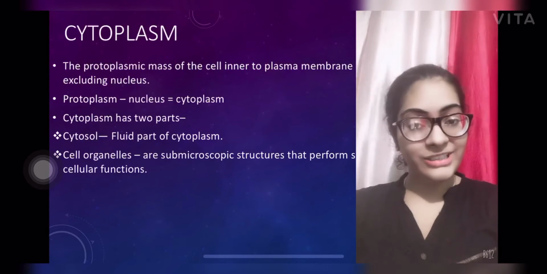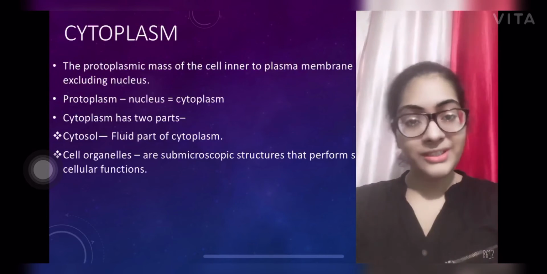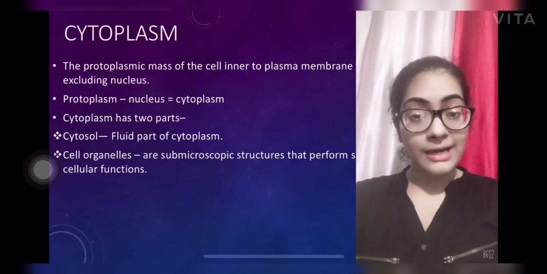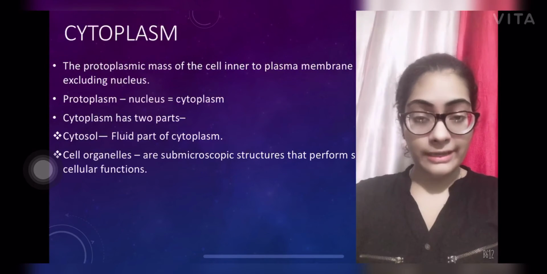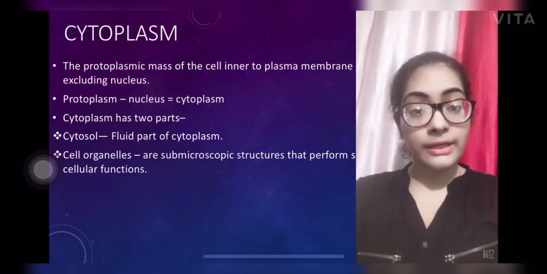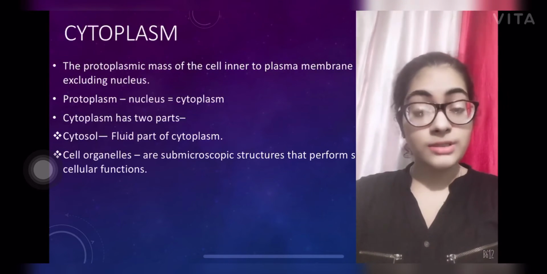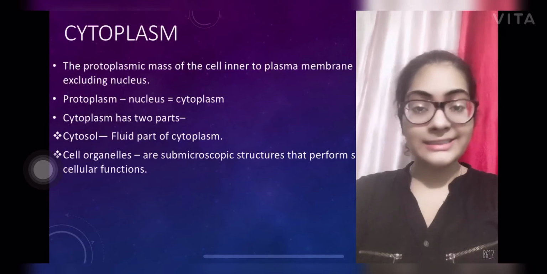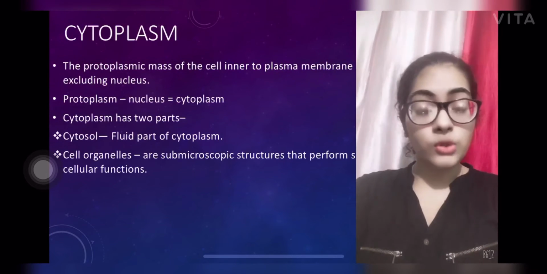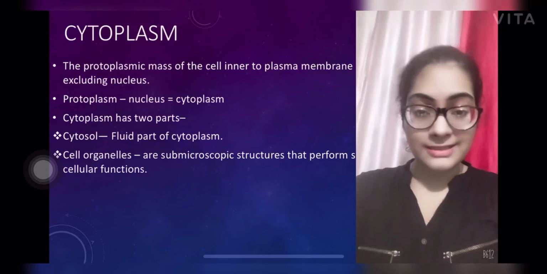So my dear children, pull up your socks for the next slide, which says cytoplasm. Cytoplasm is the inner mass of the cell, excluding the nucleus. It is the protoplasmic inner mass of the cell, which is inner to the plasma membrane, excluding the nucleus. Protoplasm means nucleus plus cytoplasm.